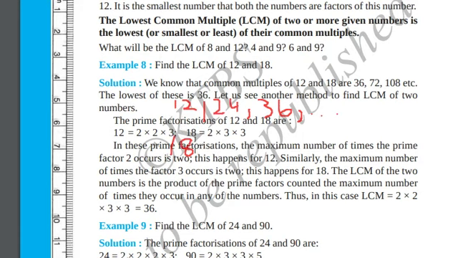Multiples of 18 are 18, 36. We found the lowest common multiple in the earlier stage itself. We don't have to continue further. 36 is the lowest common multiple between these two numbers.